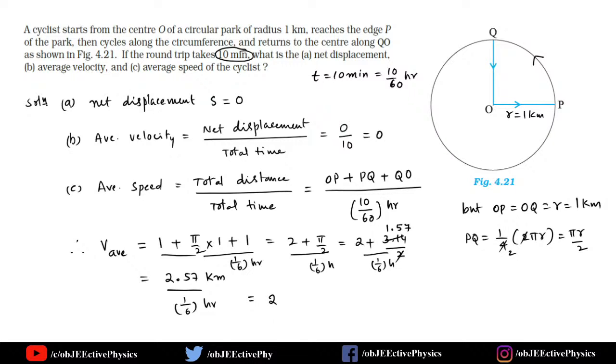So please multiply this 2.57 into 6. That is 15.42 kilometers per hour.